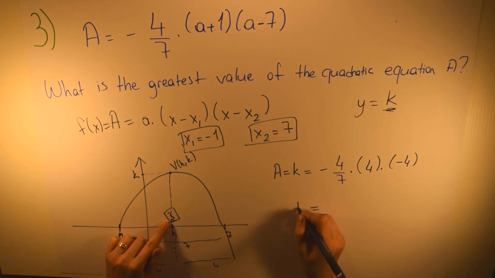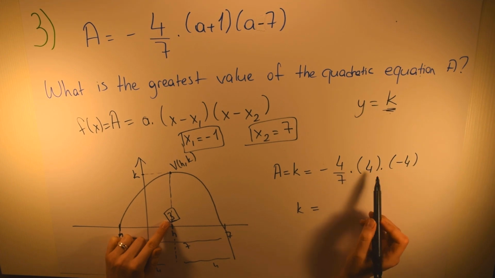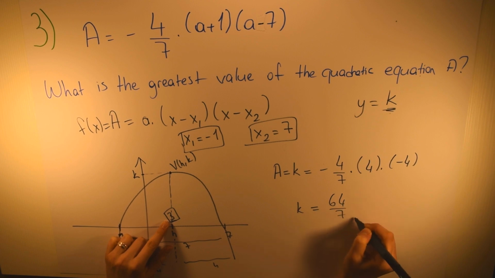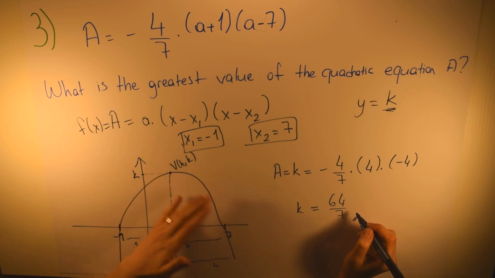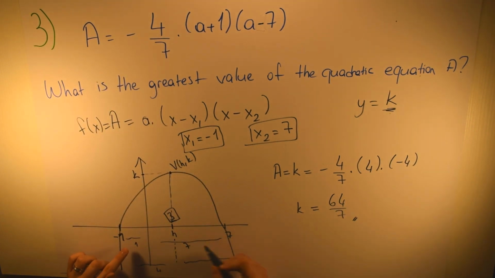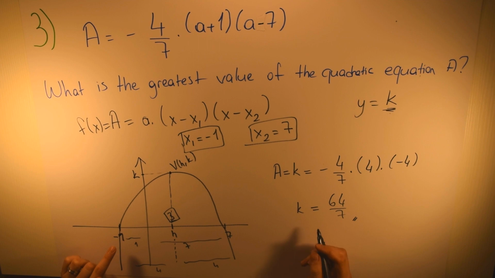So from here, minus 4 times minus 4 will become positive, and it's 16 times minus 4 over 7, so 64 over 7 is our answer. Don't forget, sometimes you just need to draw your graph. You just need to find your value of h here, and then you will be able to find the value of k, which is the greatest value of the quadratic equation a.